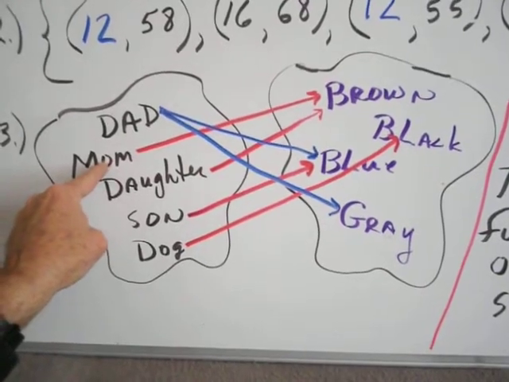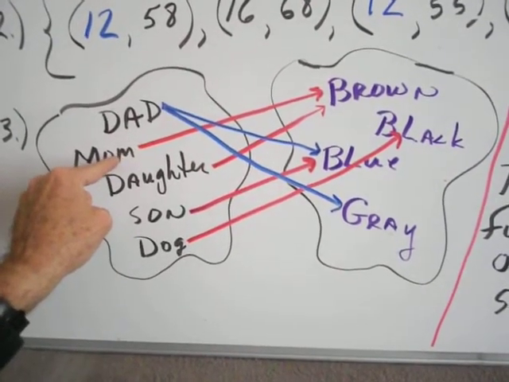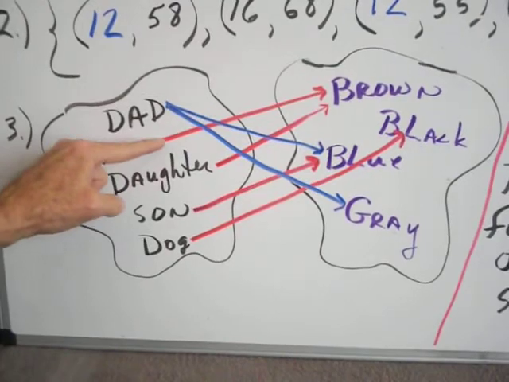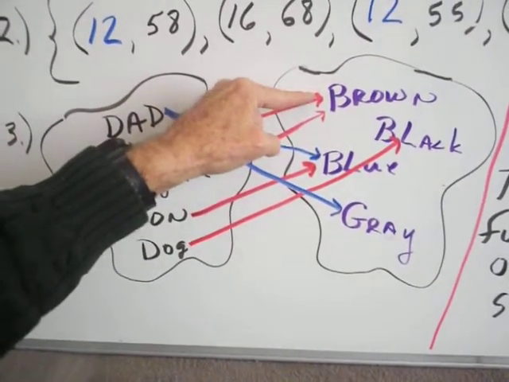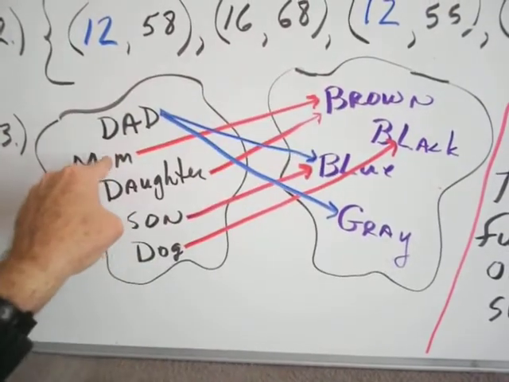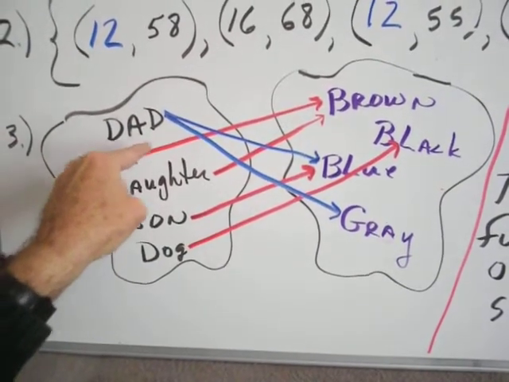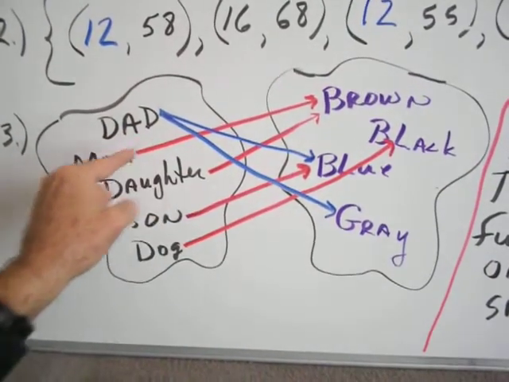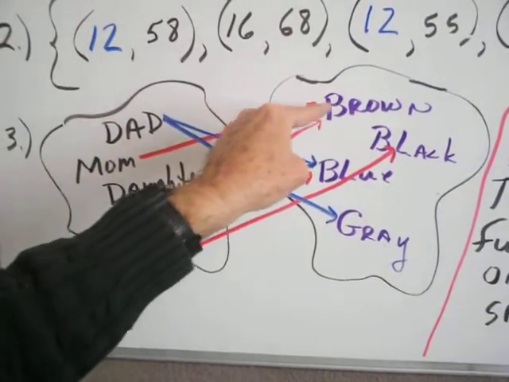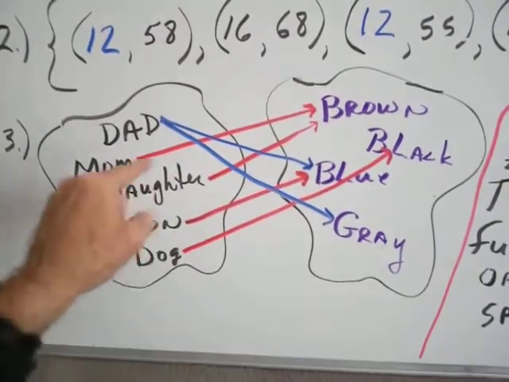Mom. Mom, the value of the domain, is corresponding to her eye color of exclusively brown. Each member of the domain corresponds to at least one range value. Mom corresponds to at least one range value. She has brown eyes.